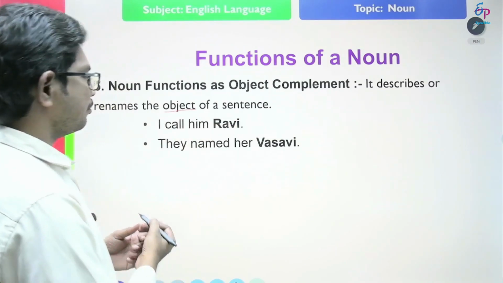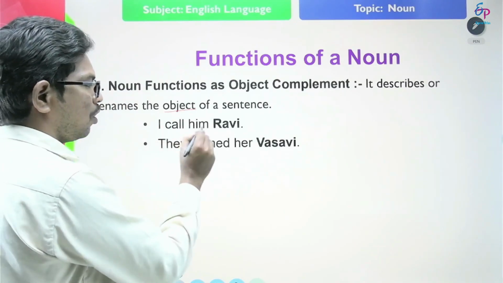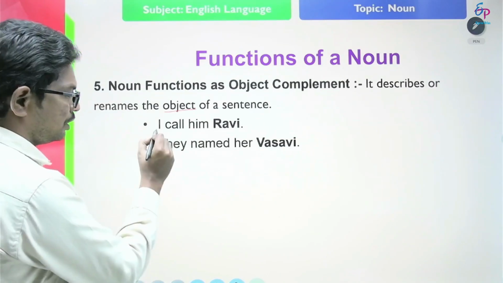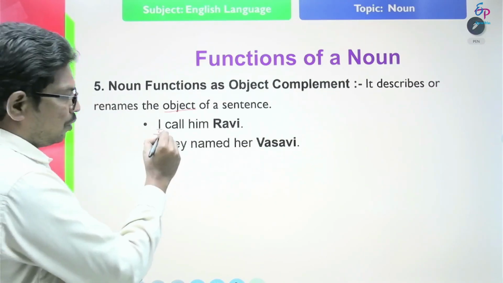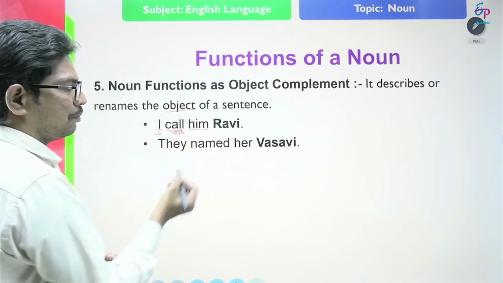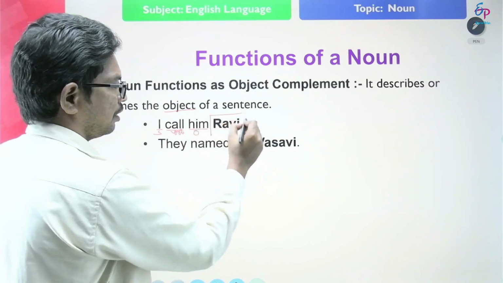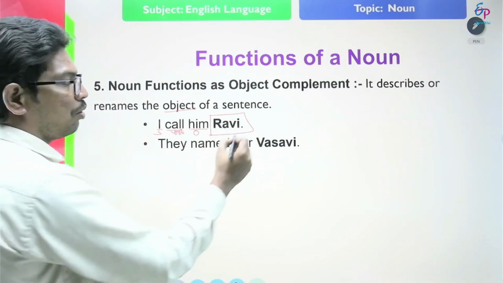Example: I call him Ravi. In this sentence, what is "I"? Subject. What is "call"? Verb. What is "him"? This is called the object. And what is this "Ravi"? Object complement.